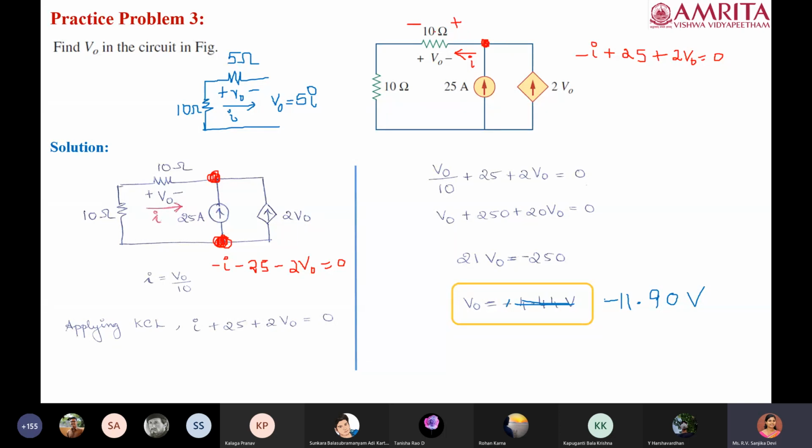But the convention they have given is opposite to what we have considered. So how do we write? We will write V0 is equal to minus 10I.